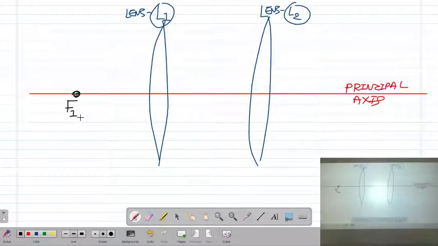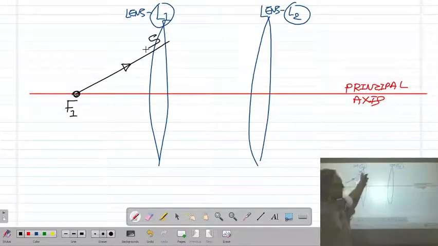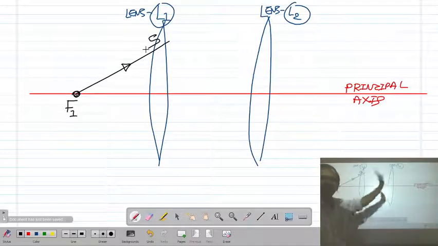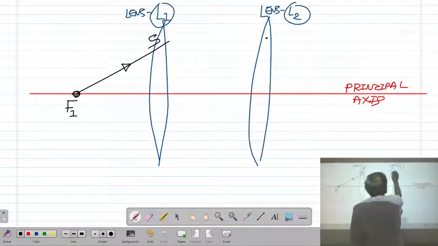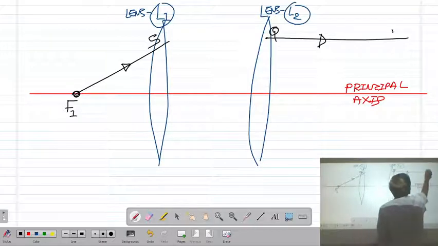Now, a ray of light emitted from point F1 and incident on the first lens undergoes refraction in lens L1 and lens L2, and after refraction in both the lenses, it will emerge in the direction QW.